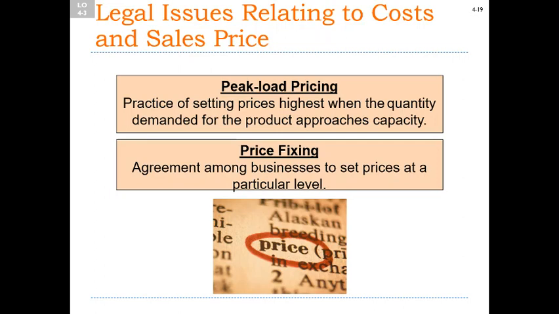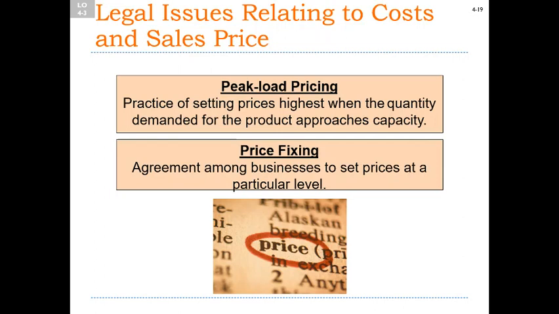You have peak load pricing. There, what you're doing is you're setting prices highest when quantity demanded is the most. And so there you're reaching your capacity to produce it. This happens with, not so much here because there aren't that many houses that have air conditioning.